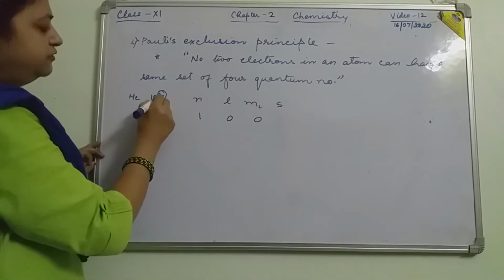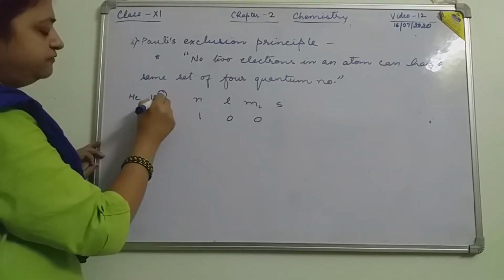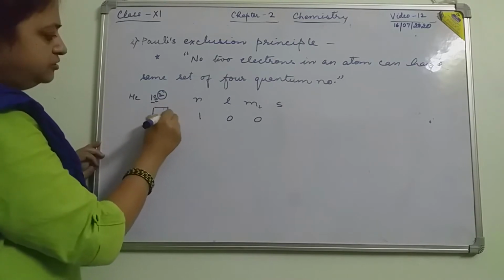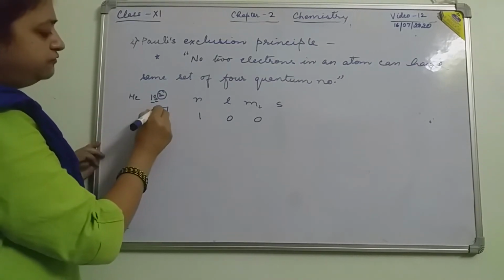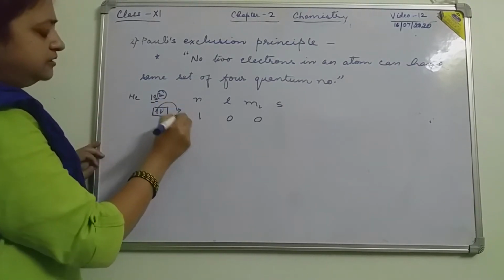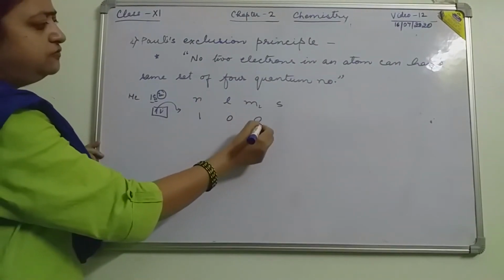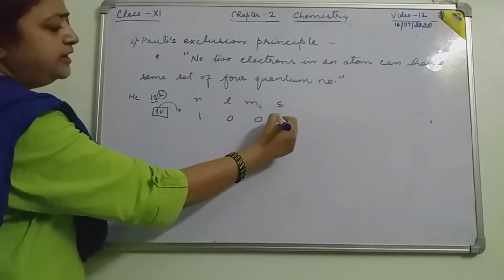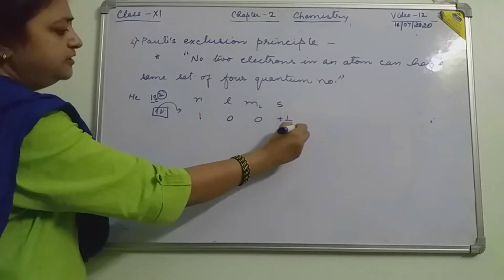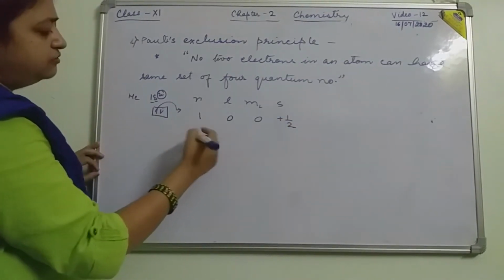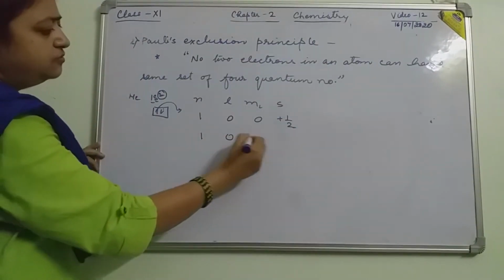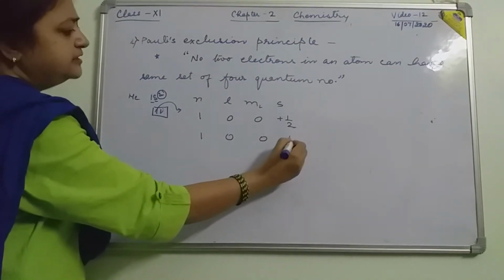In the 1s orbital, 2 electrons are present. For the first electron, n is equal to 1, l is equal to 0, m is equal to 0 and s is equal to plus half. And for the second electron, it is 1, 0, 0 and minus half.